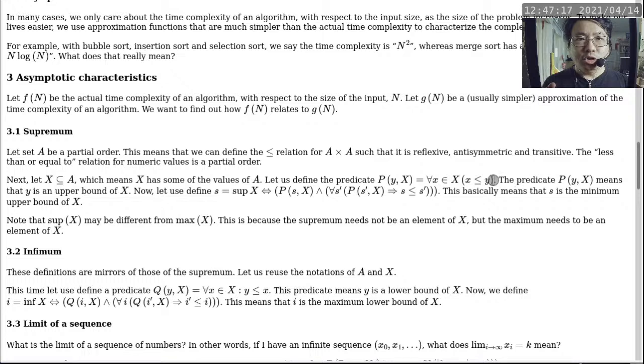If I just use those words in English or in any natural language, it's going to be ambiguous. This, on the other hand, is not ambiguous, because the way we understand the for all, the way we understand is an element of, and the way we understand less than or equal to, which is defined up here, they are very, very specific.